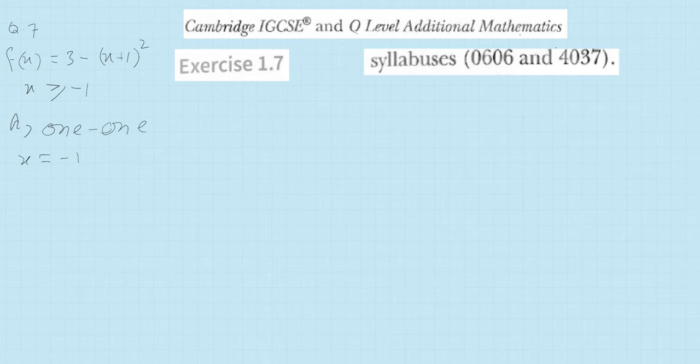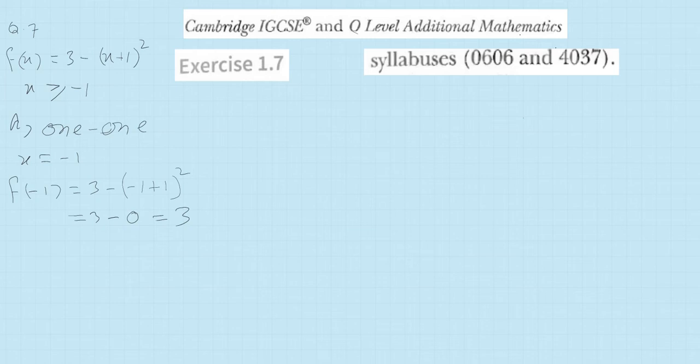Put this −1 in the function: f(−1) = 3 − (−1 + 1)². So −1 plus 1 is 0, 0 squared is 0, so 3 minus 0 is 3.